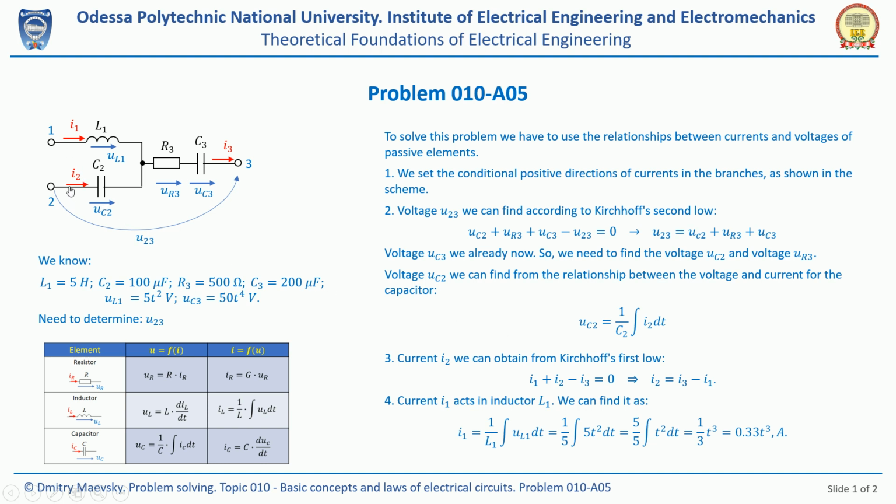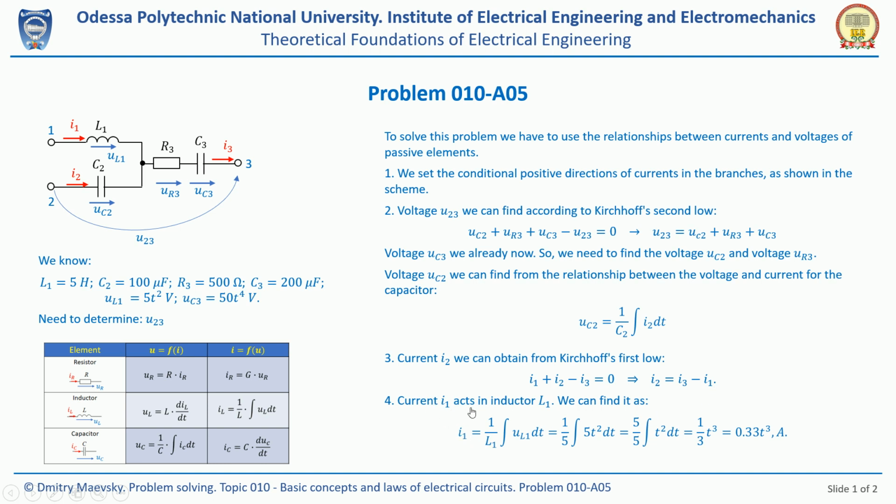This current comes to this node, so we need to write it with a plus sign, I1 with a plus sign too, and the current I3 that goes from this node we can write with a minus sign. From this equation we obtain that I2 is equal to I3 minus I1.